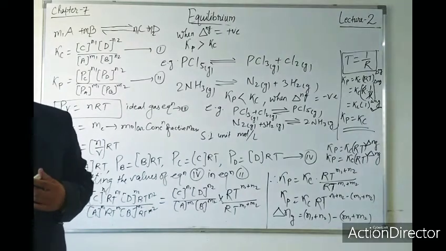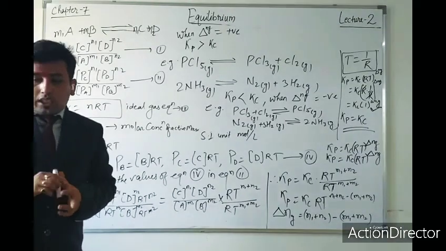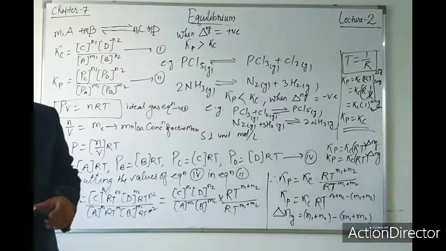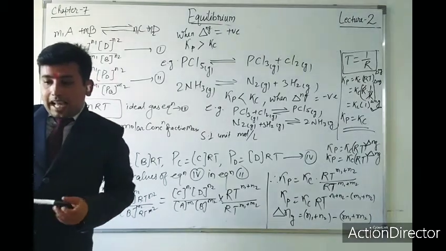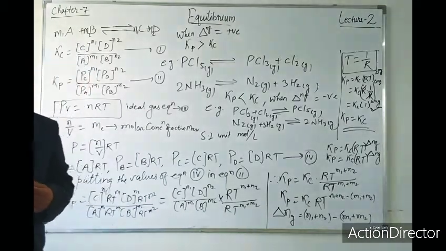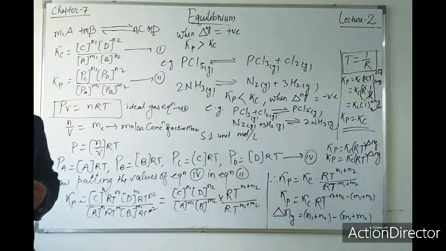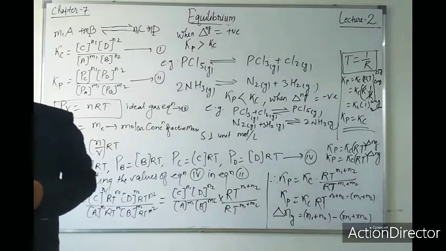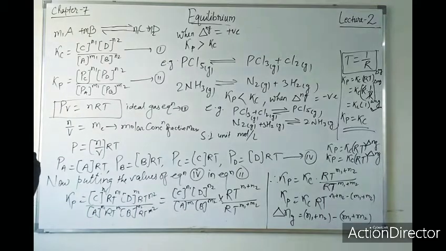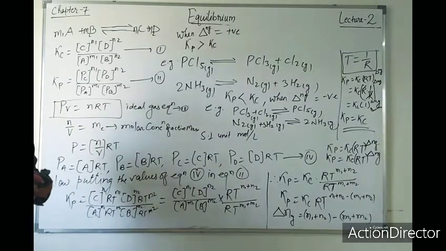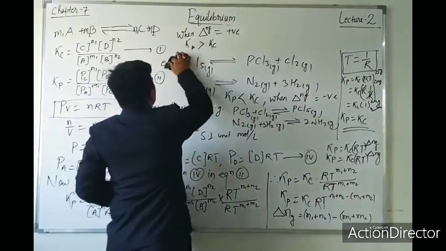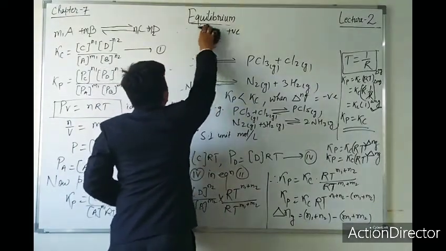If K1 and K2 are the equilibrium constants of a reaction at the absolute temperatures T1 and T2, and delta H is the change in enthalpy, then log K2 upon K1. I am just showing you how these values change.